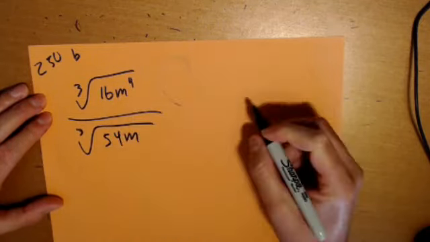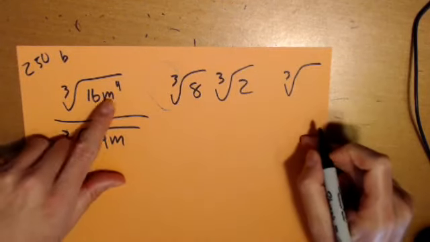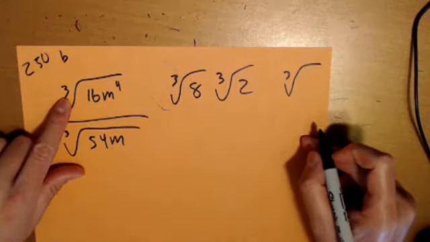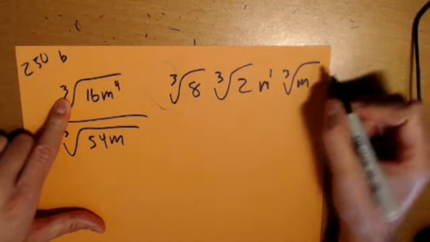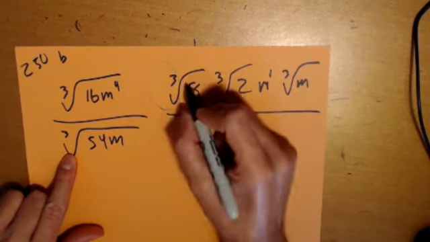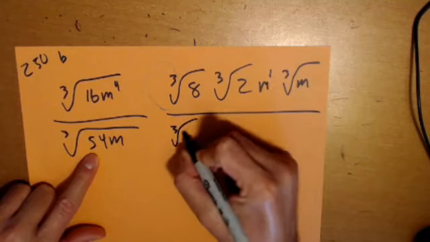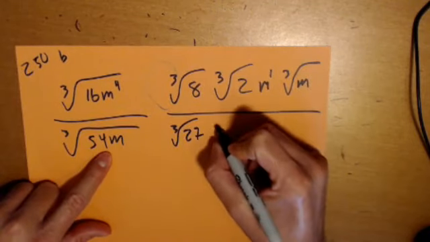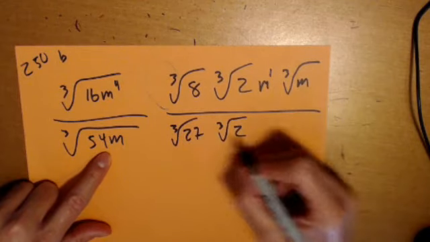Okay, so that's the cube root of 8, cube root of 2, and then it's a cube root of m to the 4th. We're taking things out in chunks of 3, so one of them escapes, one of them does not. Downstairs, I went with 8 and 2 because cube root of 8 is 2. 54, I recognize 27 is in there. Cube root 2, 27 times 2 is 54.